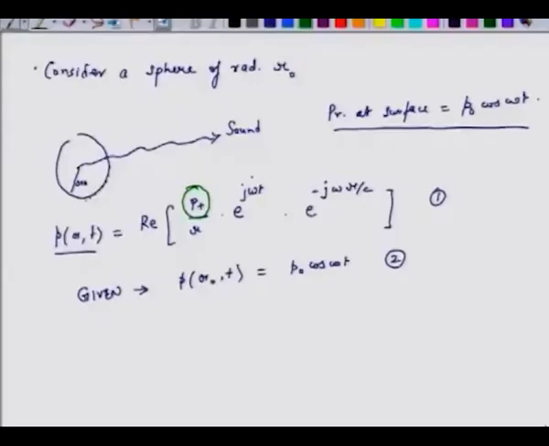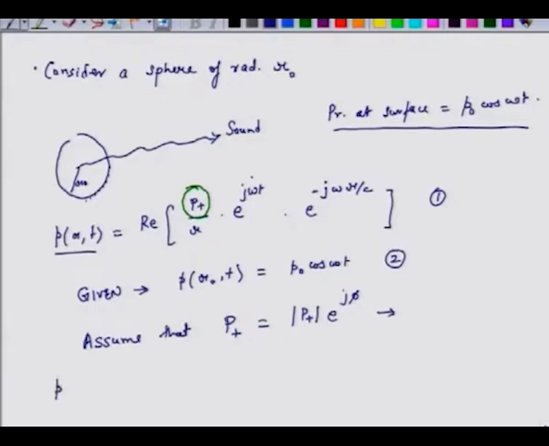So, let us assume, without losing any sense of generality, that P plus has some magnitude, and then it also has a phase element to it, and that we express as e to the j phi. So, now we plug this relation in equation 2.